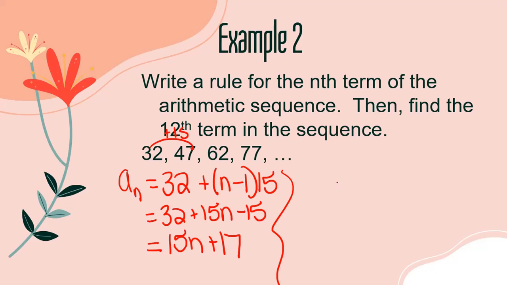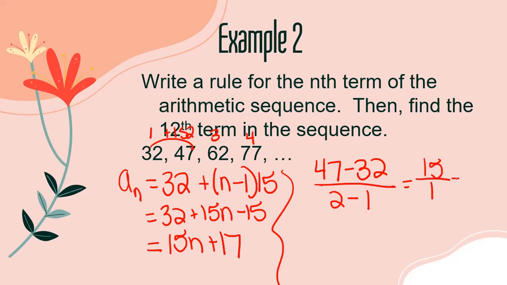Now, let's do it the other way without the magic formula. So I need a slope, right? So this is the first term, second term, third term, fourth term. So I'm going to go 47 minus 32, because it's the difference of the y's over the difference of the x's, right? So 47 minus 32, we know that to be 15 over 1.